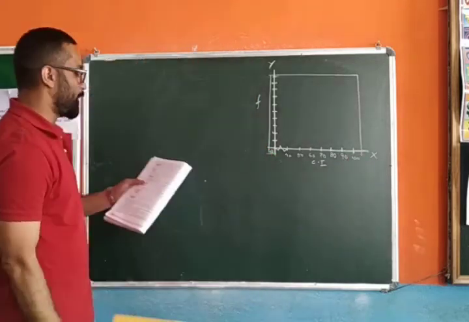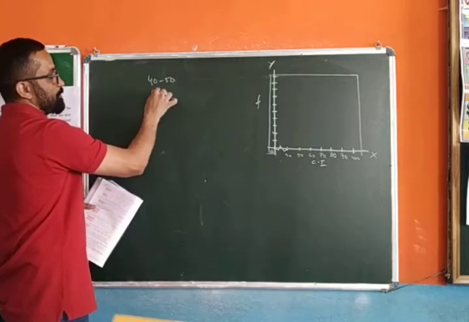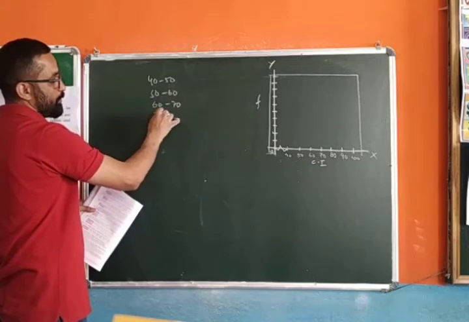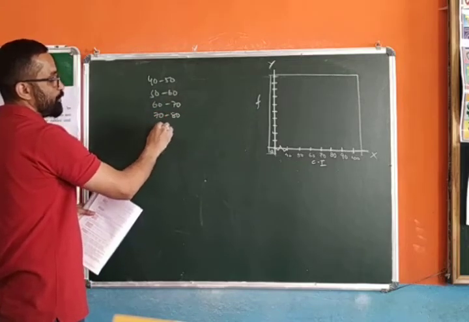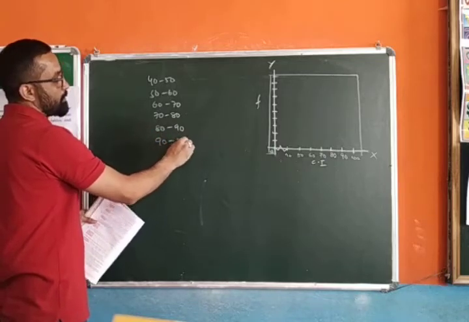Marking of the scale will be like this. 40 to 50, 50 to 60, 60 to 70, 70 to 80, 80 to 90, 90 to 100. This is class interval.